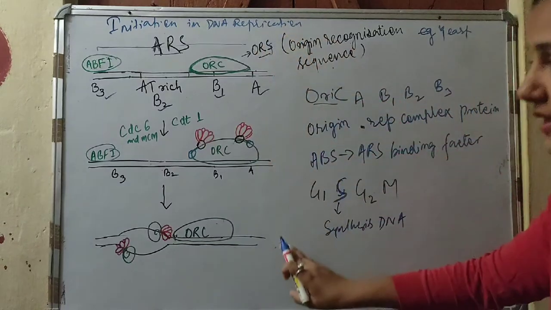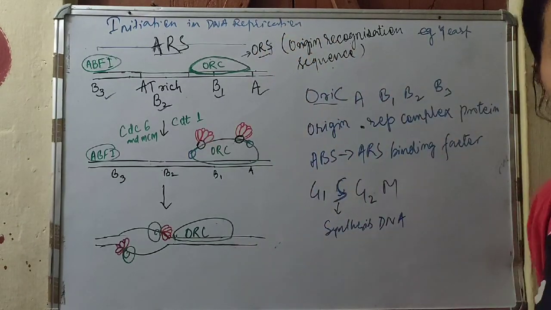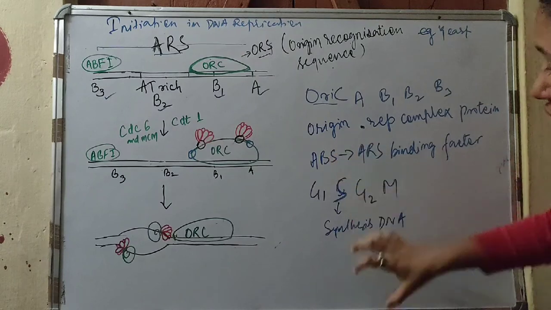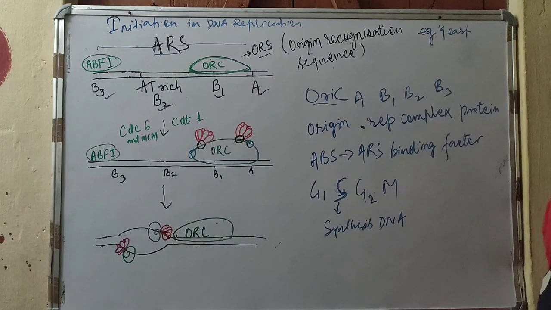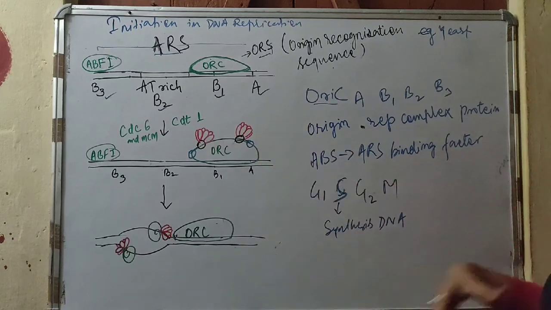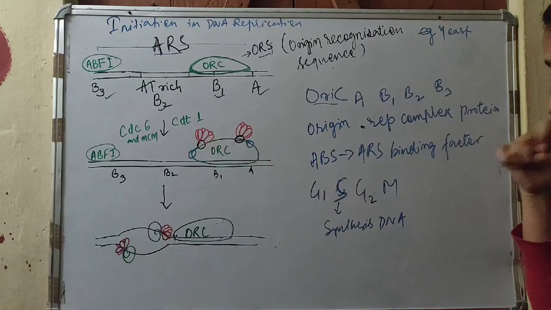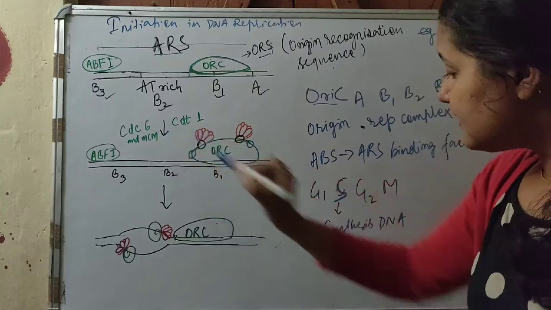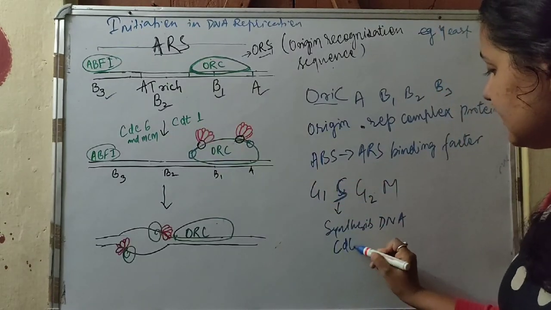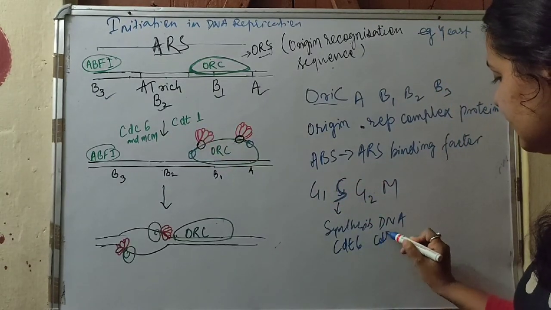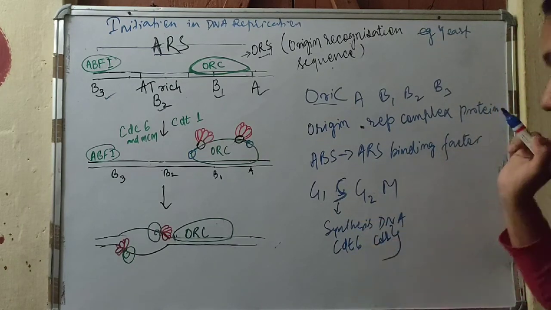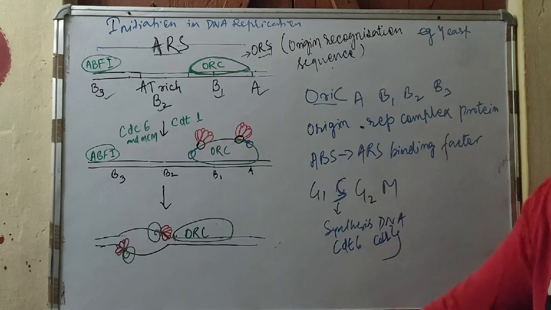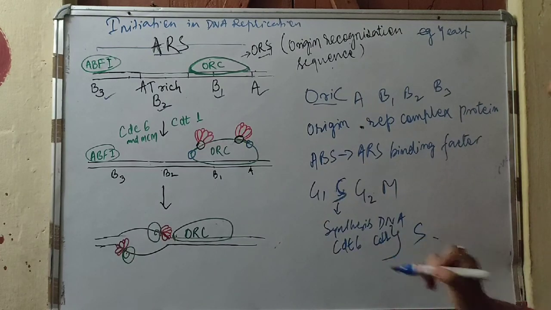So we are studying the initiation process of replication. This initiation should also happen during the synthesis phase of DNA, right? It will initiate and then it will synthesize. So these proteins, CDC6 and CDT1, will remain in the cell only till S phase.